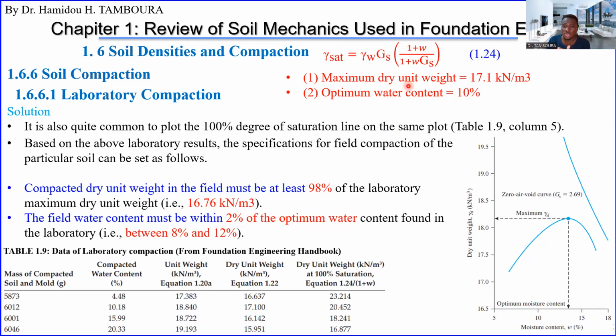So you can try to achieve the optimum water content by adding the right amount of water. And the compaction energy, please check my class of soil mechanics. It will be better. It will explain everything. Compaction energy will also be decided depending on the roller, the machine that will compact the soil on the field.